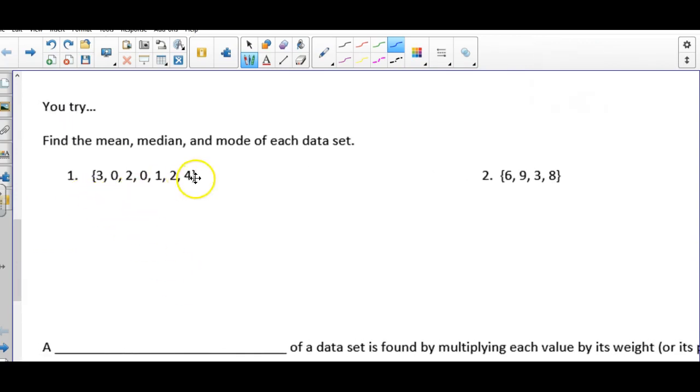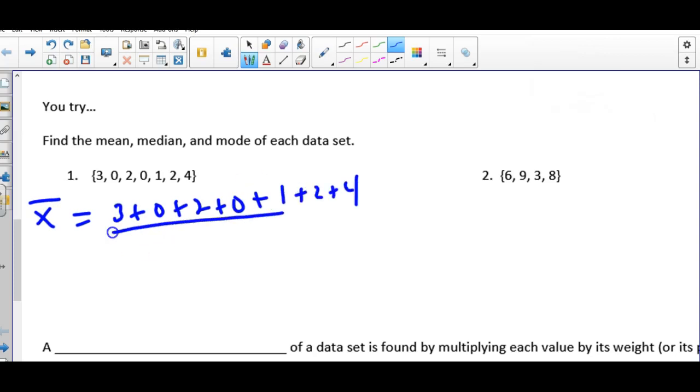This first one, for the mean, so you can get used to seeing it, I'm going to write X bar. We have 3 plus 0 plus 2 plus 0 plus 1 plus 2 plus 4, all divided by 7, because there are 7 items.